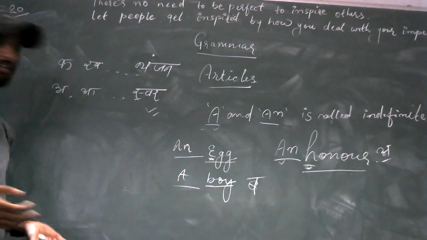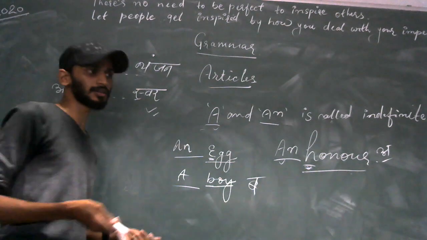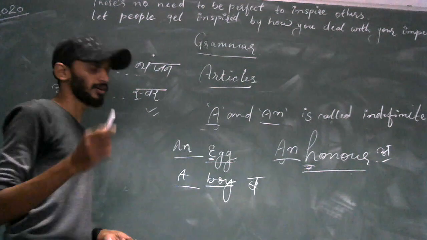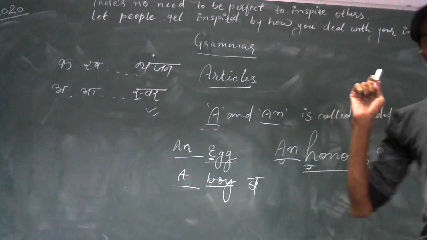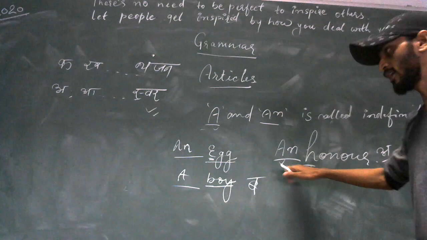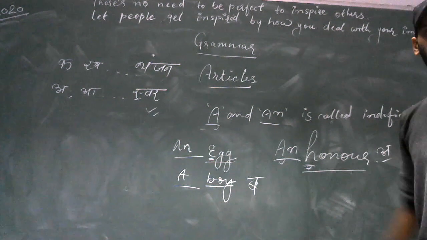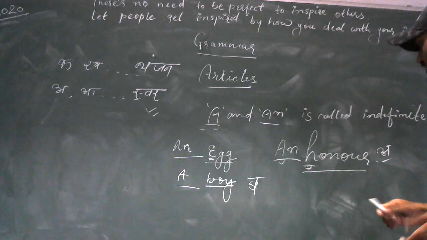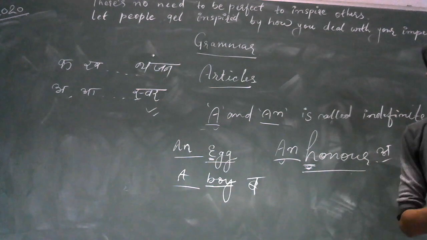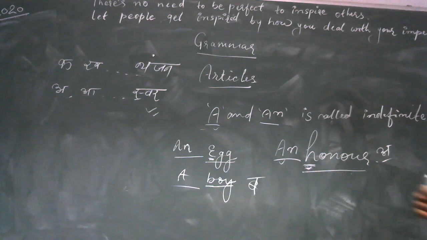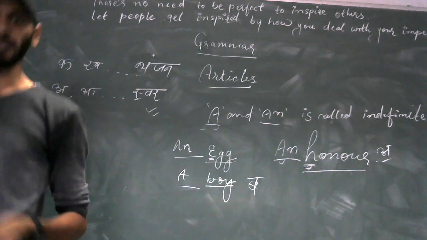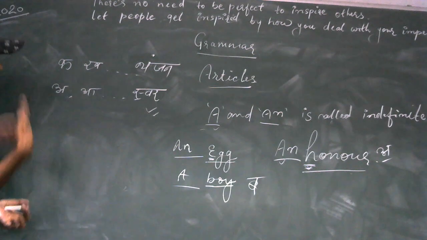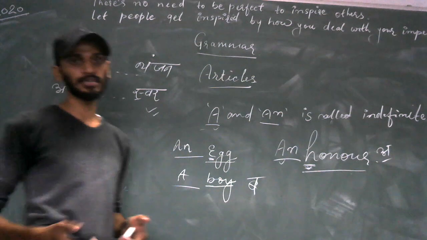In this way we can recognize all the nouns where a and an are written. We first have to check the sound that the letter starts with. Okay, so it might be clear now when a is used and when an is used in the sentence.